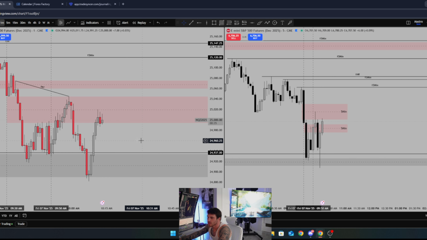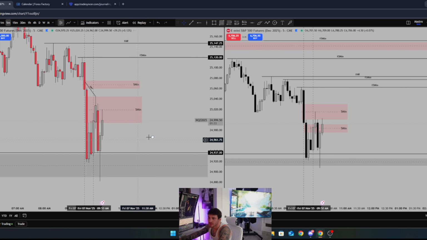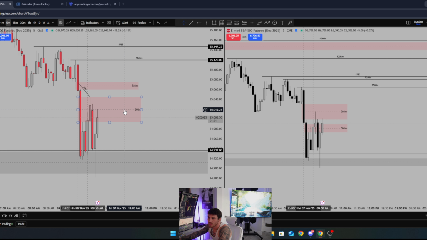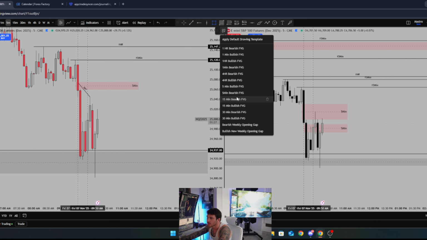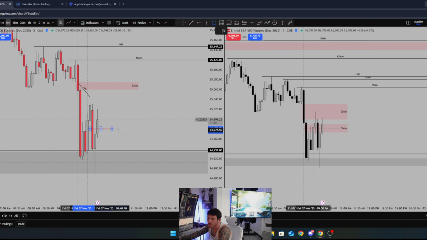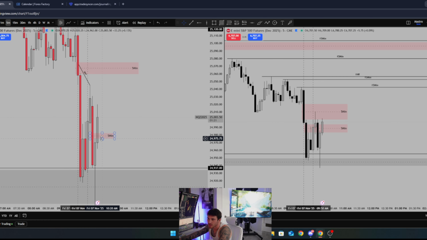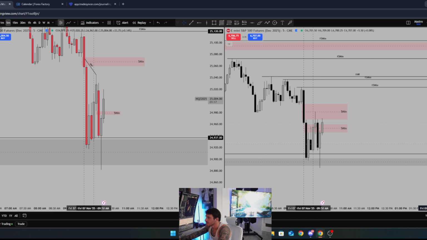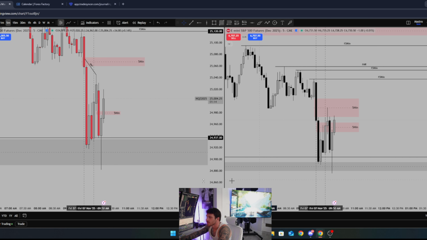Alright, so we never broke structure back to the downside. But what's interesting is this 5 minute bearish right here. If we inverse this, you guys are looking good. Have it on NASDAQ. Never broke structure to the downside.